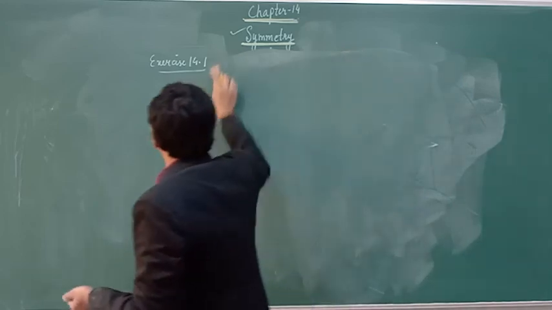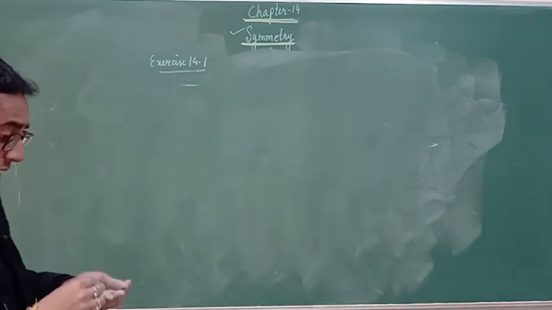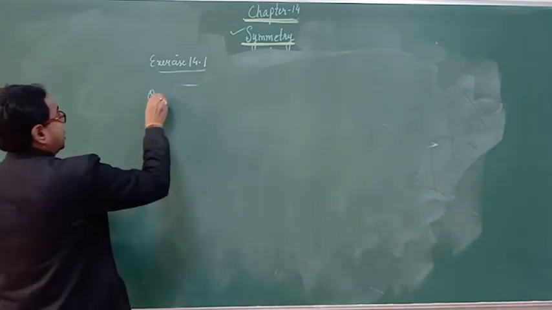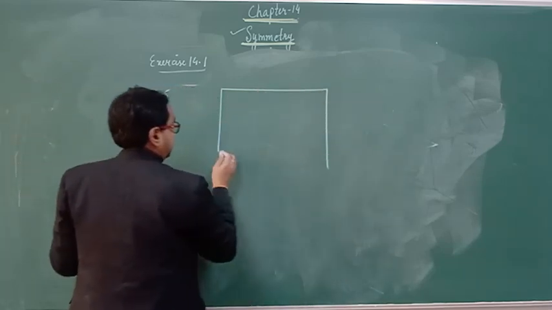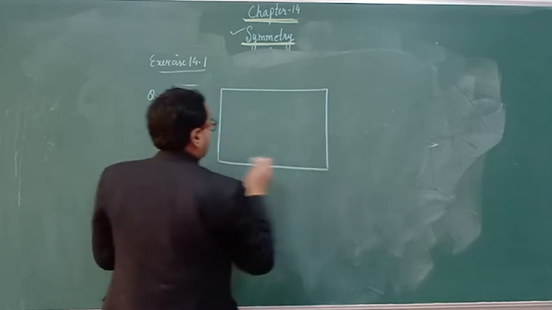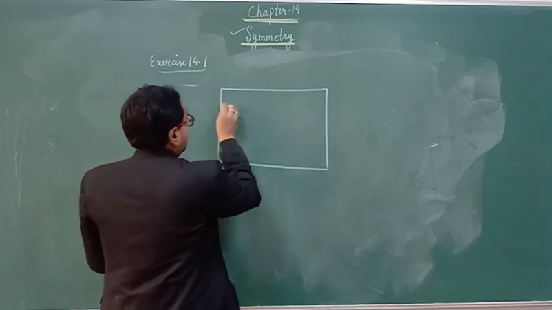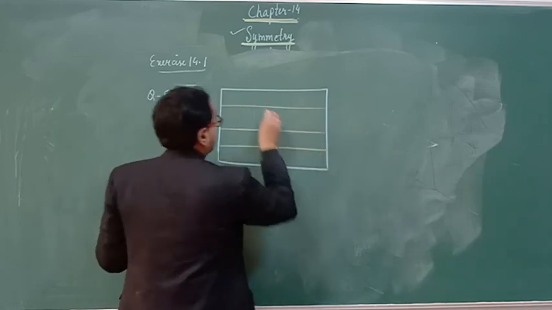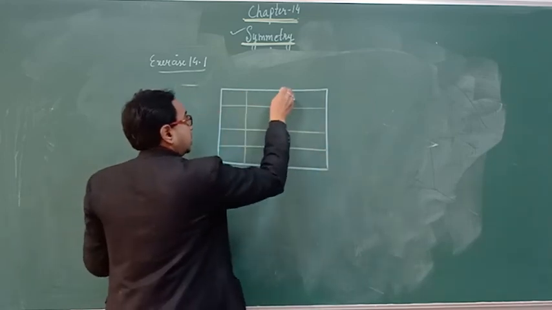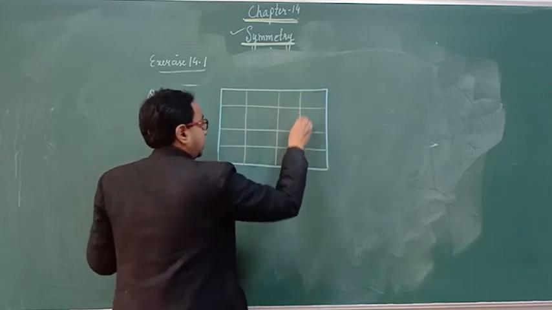Basically, question number 5 we will be doing on graph paper, because you will get the complete idea. What we have to do in question number 5: we have been given, for example, a graph paper, with 1, 2, 3 and 1, 2, 3.